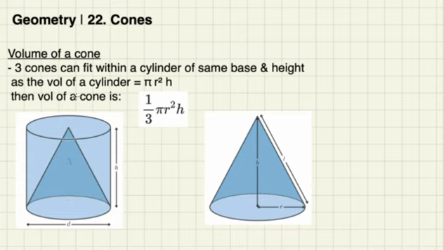But there's a few things to be aware of if you have a cone like this. This is the diameter, so D is the diameter of this, H is the height.